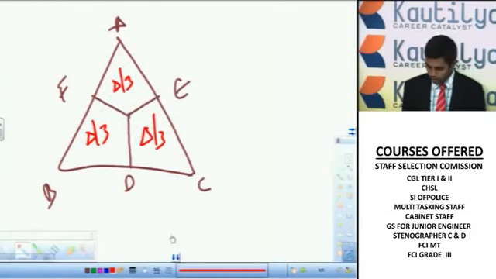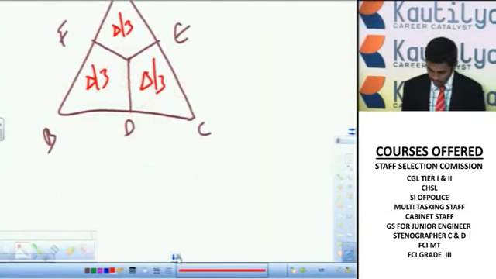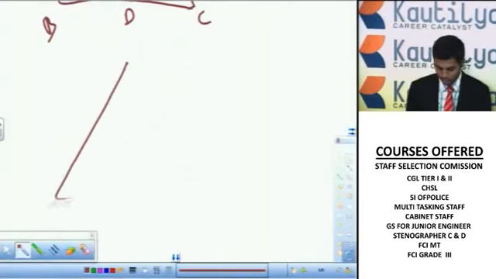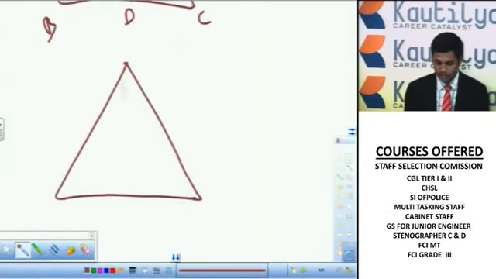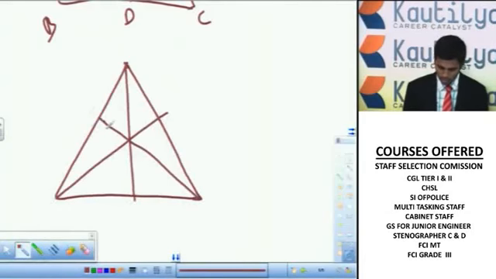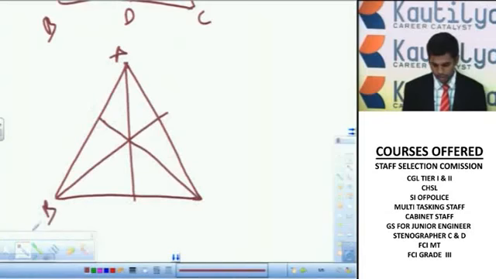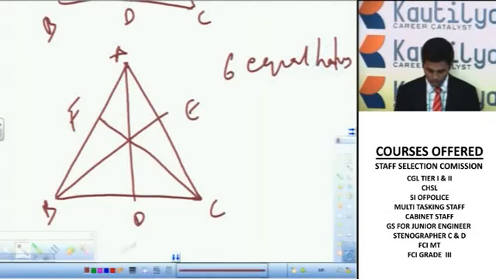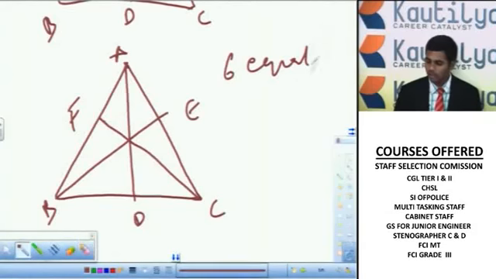Coming to when three medians are drawn completely together. That is, this is triangle ABC, okay, right? These are the medians AD, BE, CF. If these are the medians, then these three medians divide this particular triangle into 6 equal parts, not halves, 6 equal parts.